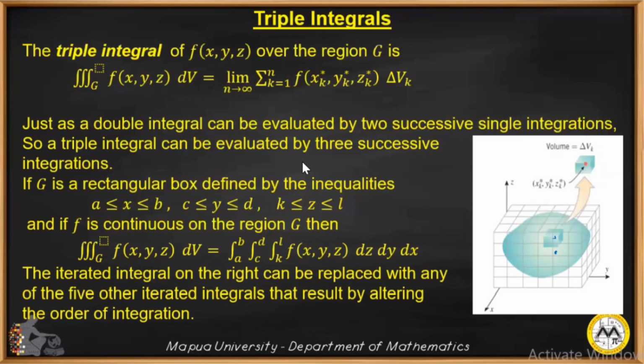Now, the iterated integral can be replaced by any of five other iterated integrals that result from altering the order of integration. Just like what I have written here, we have the different orders of integration: dy dx dz, dy dz dx, dx dy dz, dx dz dy, dz dy dx, and dz dx dy.